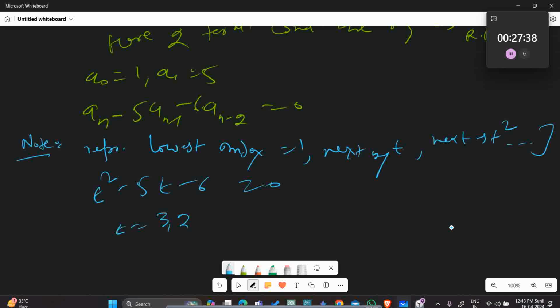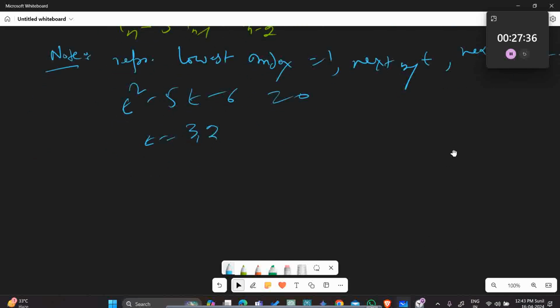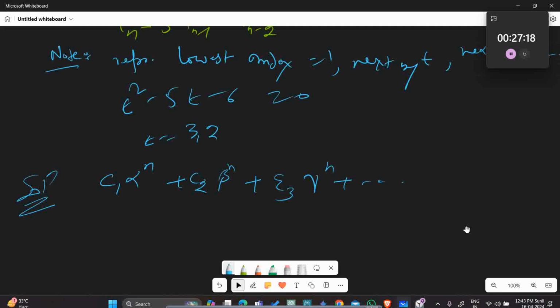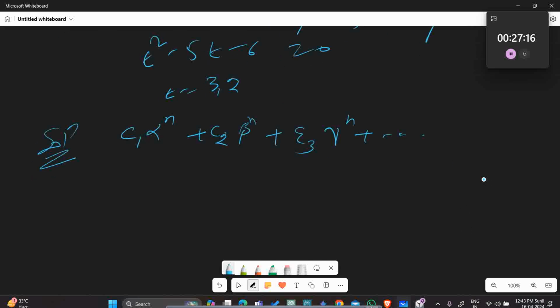So for solving this, the solution is c1 alpha to the power n plus c2 beta to the power n plus c3 gamma to the power n, and so on.